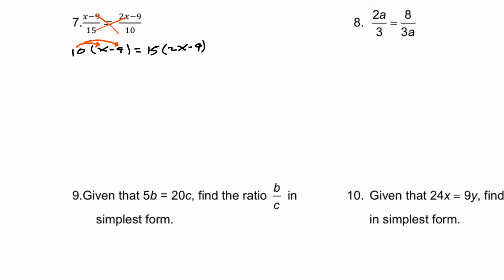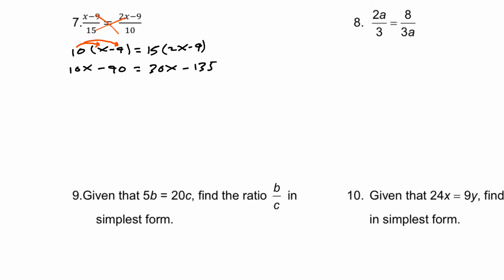So I got positive 10 times positive x, that's a positive 10x. And then I got a positive 10 times a negative 9, that's a negative 90. That's going to equal, then I'm going to do 15 times a positive 2x, that's 30x. And then I'm going to do 15 times a negative 9, which is a negative 135.